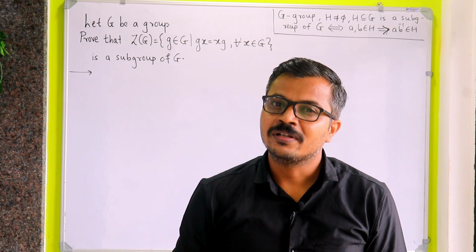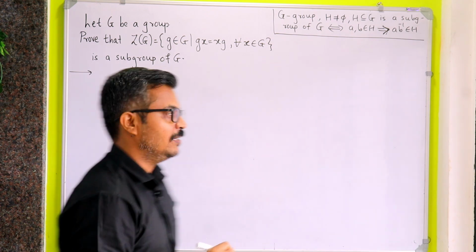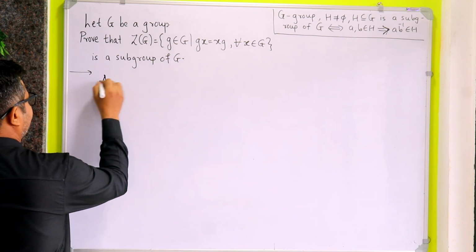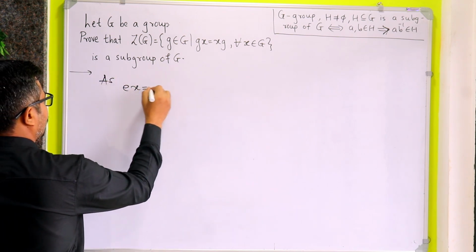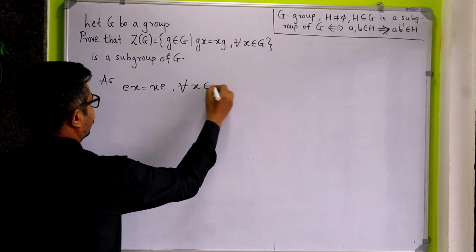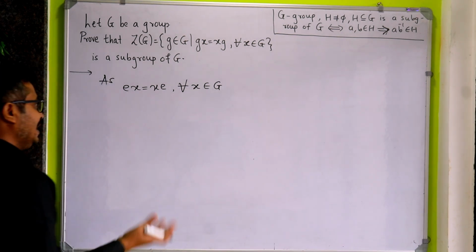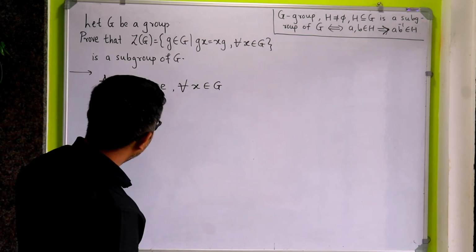If you think properly, that element is actually nothing but the identity element, right? So I'll say Ex will be equal to xE, whatever may be the element x in G. Ex will be x, right? And xE will be x only.